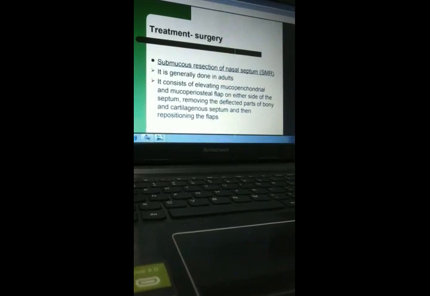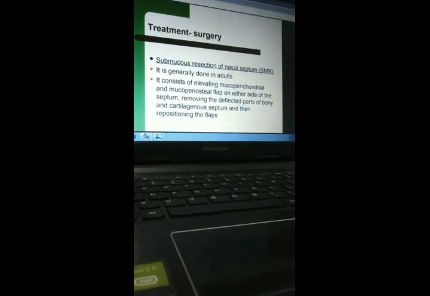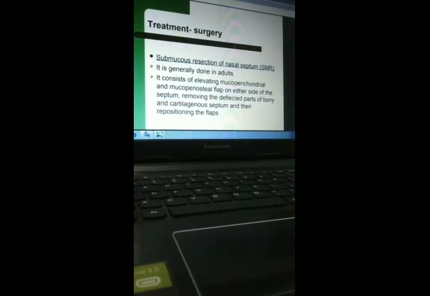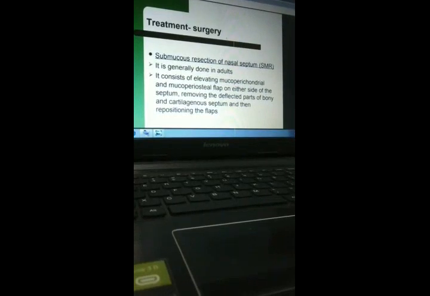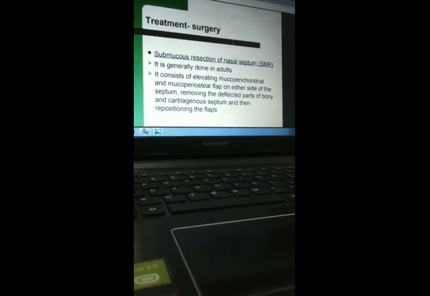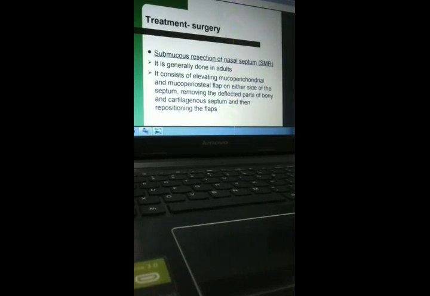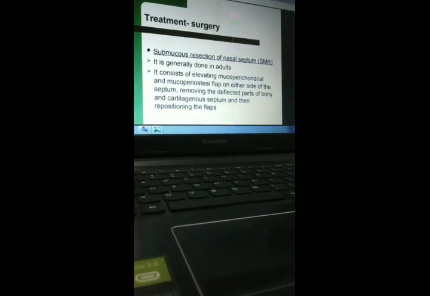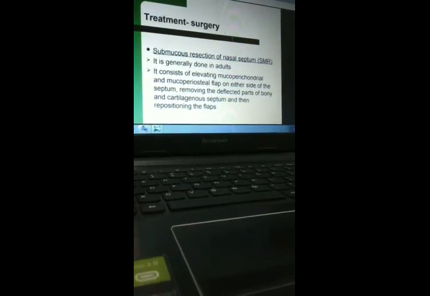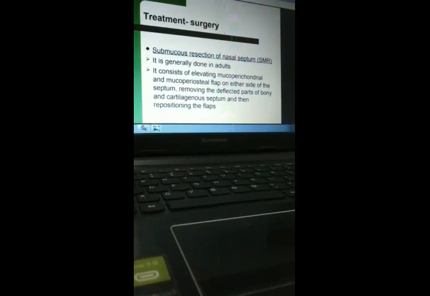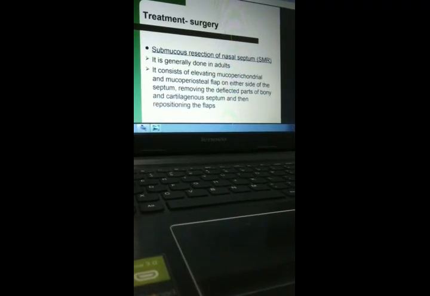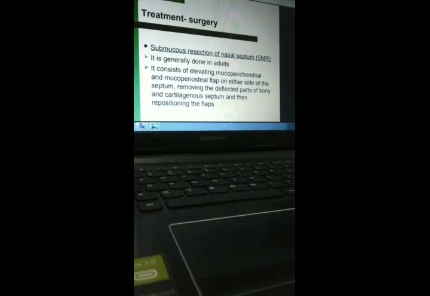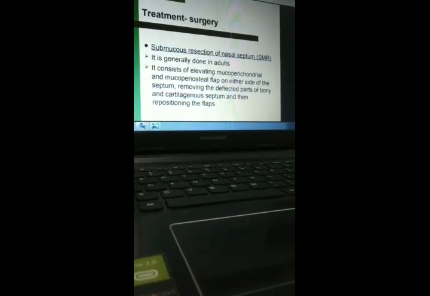It is generally done in adults above the age of 17 years, and it consists of elevating mucoperichondrial and mucoperiosteal flaps on both sides of the septum, removing the deflected part of bony and cartilaginous septum, and then repositioning the flaps.